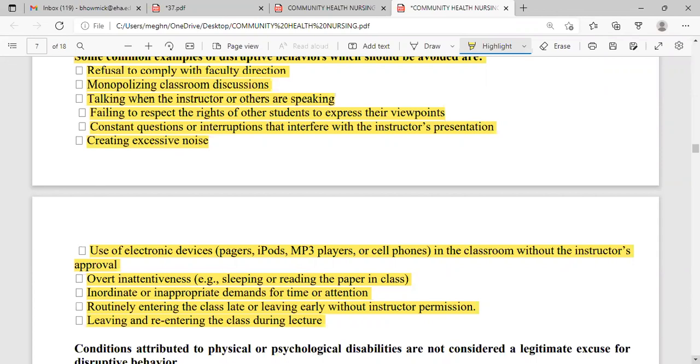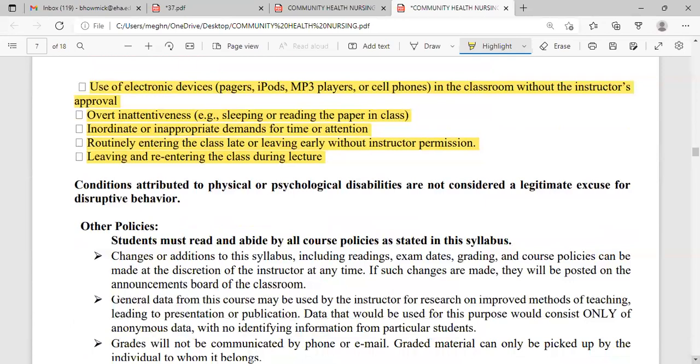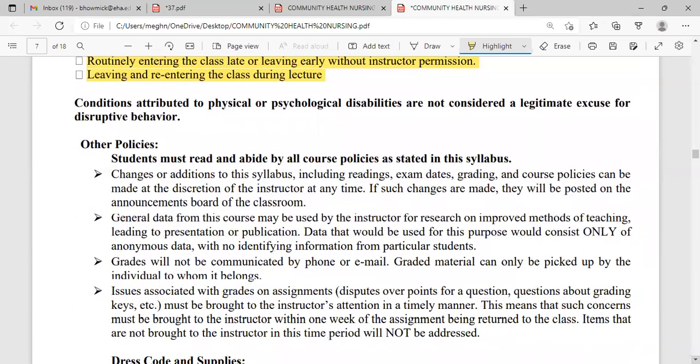It is good not to do this. Also creating excessive noise, use of electronic devices, and routinely entering the class late, leaving, or re-entering the class during the lecture.